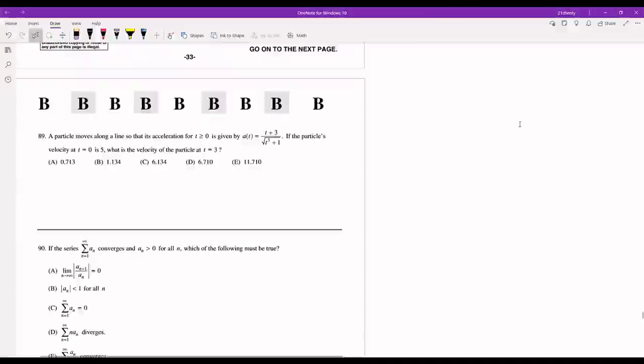So now 89. A particle moves along a line so that its acceleration for t greater than or equal to 0 is given by this. If the particle's velocity at t equals 0 is 5, what is the velocity of the particle at t equals 3?